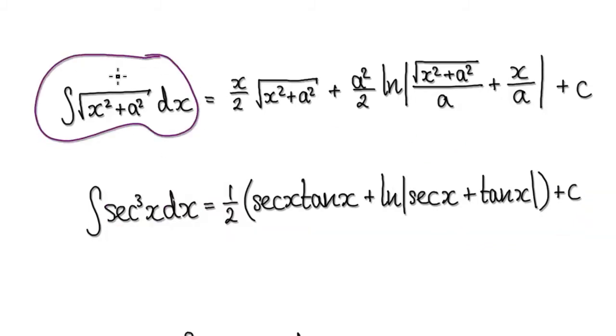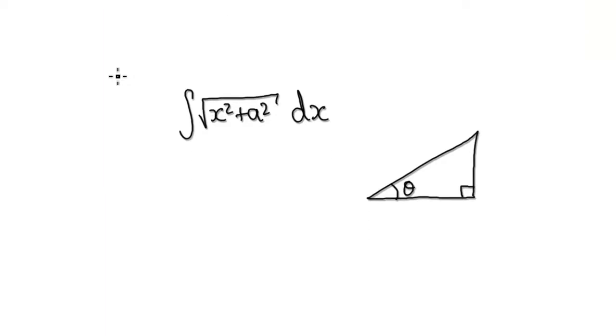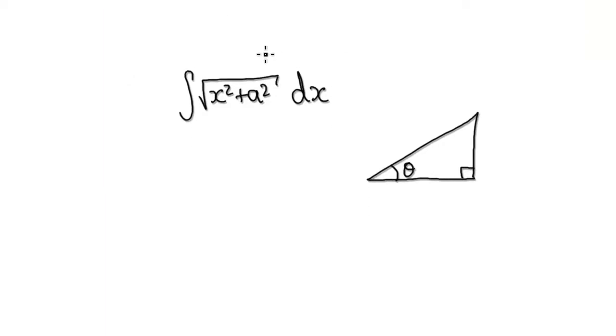So to integrate this, we need to create a right angle triangle in such a way that this thing will be true. For example, if you make the opposite to be x and the adjacent to be a, then the hypotenuse we have no choice but to be the square root of x squared plus a squared.